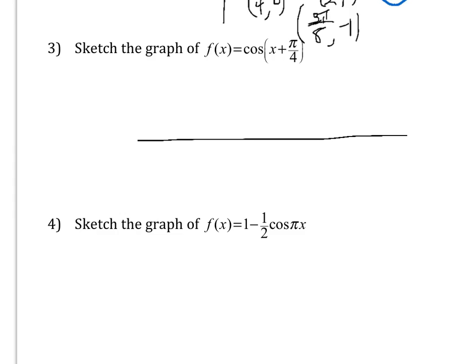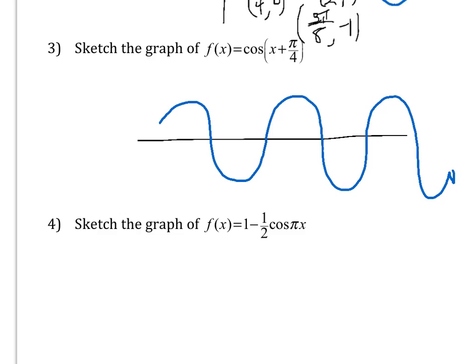Just plot a graph like this. And instead of labeling it 0, 1, let's label this point right here, what would it be? Negative pi over 4, 1, right? Because it's a phase shift to the left.